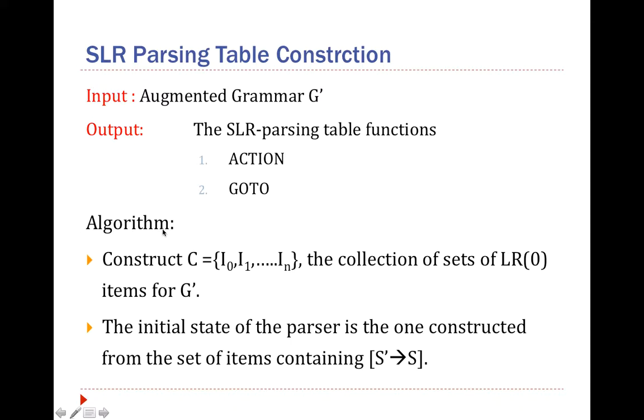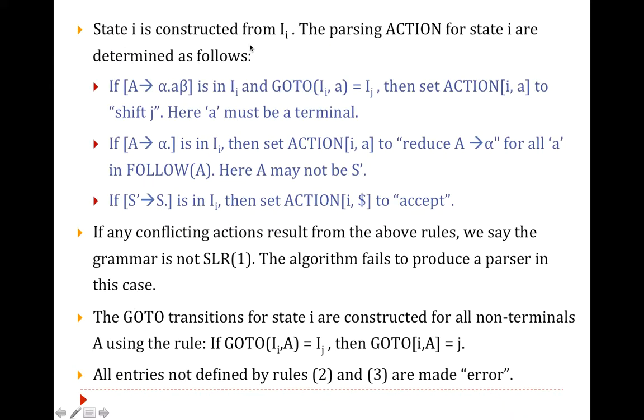The algorithm begins with the construction of LR0 items from I0 to In, and the initial state of the parser is the one constructed from the set of items containing S' gives S. Here, I0 has the item E' gives E. So it begins from state I0 in this example. State i is constructed from Ii. That means if the item set is labeled I4, then the state will be 4.